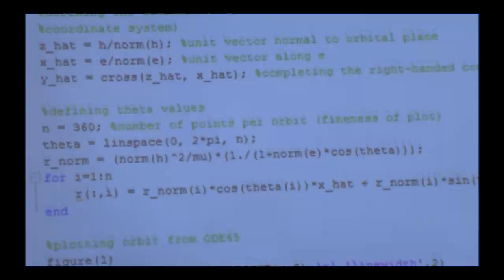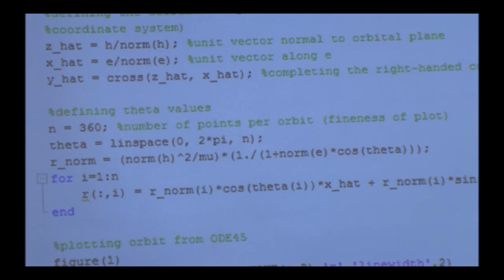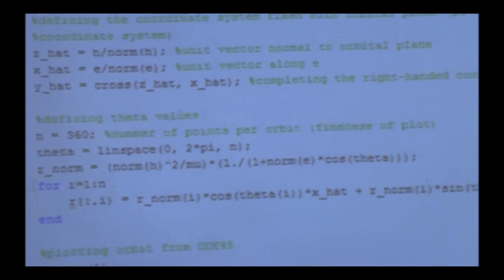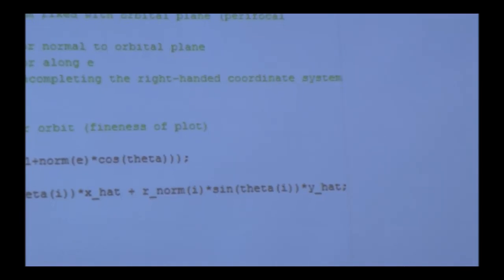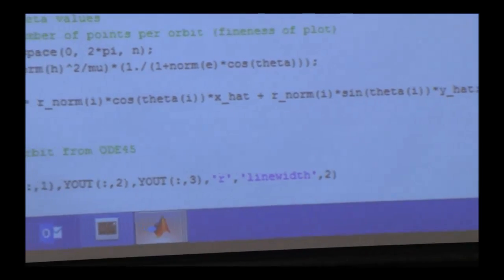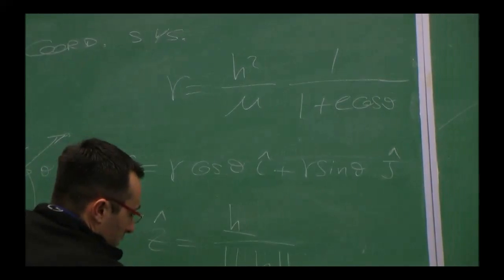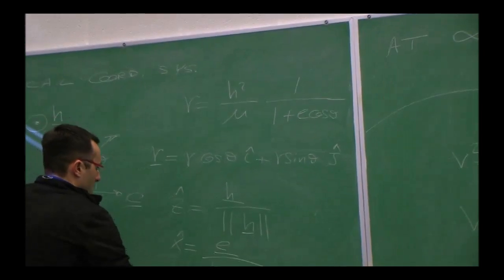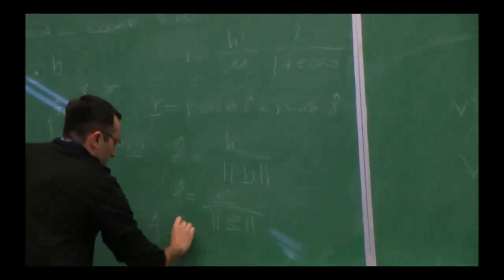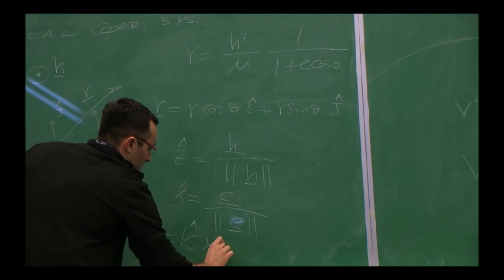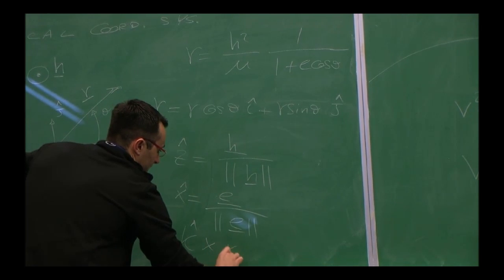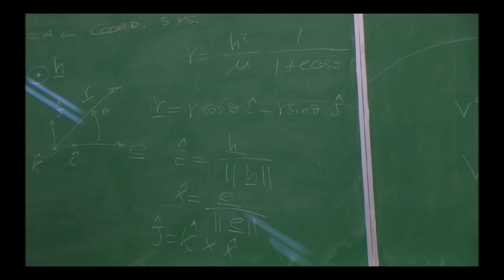Z hat is h, the vector h normalized. It gives you the direction out of plane. X hat is the e vector normalized. It gives you the direction of the line of apsides. And y hat is, well, right-handed, so z hat cross x hat.